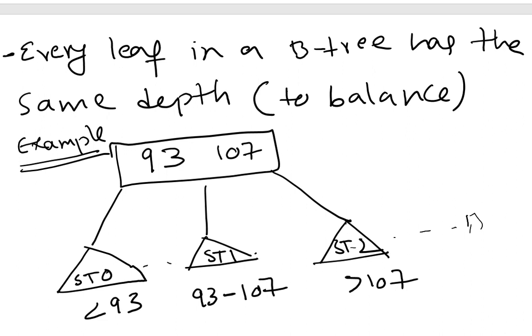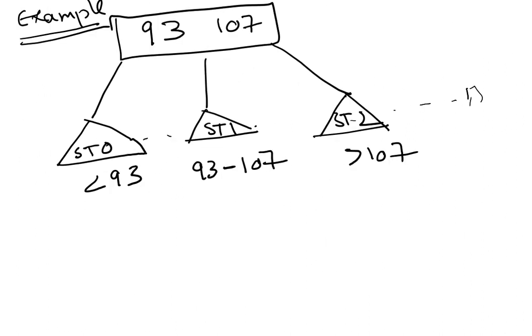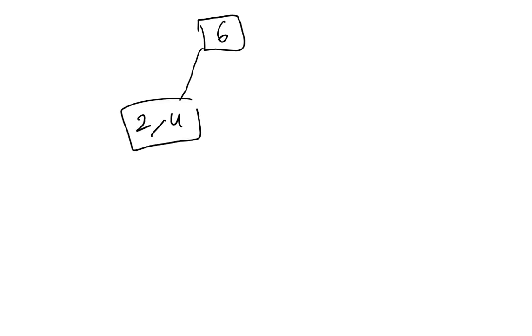Here is the tree where the elements are from 93 to 107. In this subtree we have values less than 93, greater than 107, and in between we have 93 to 107. Let me draw one more example. Think that the root is 6. This may consist of 2, 4.